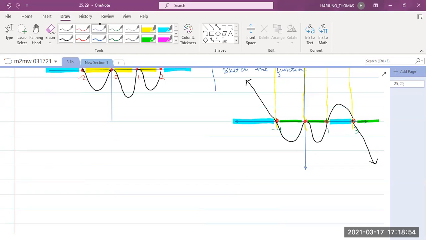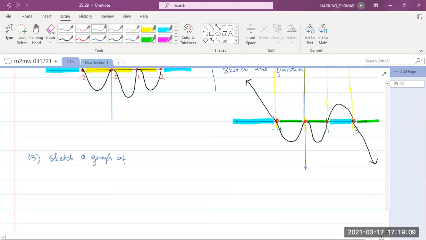Number 33: sketch a graph of f(x) equals (x minus a)(x minus b)(x minus c), where a is less than 0, less than b, less than c.